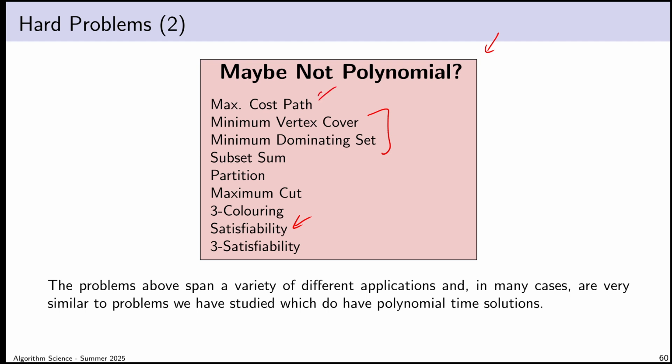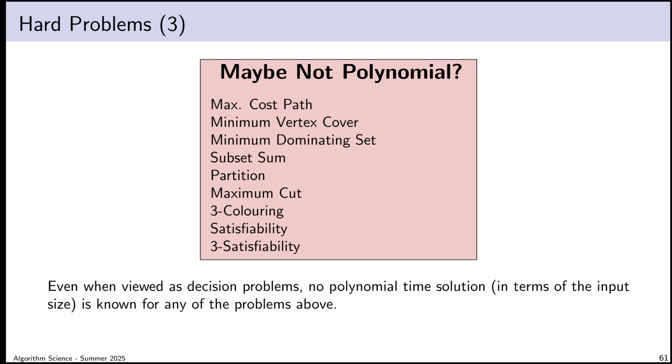We have practical optimization problems like maximum cost path, although actually these two are also practical optimization problems in certain cases. And we've got these abstract problems involving balancing the scale. And all of these seem to have this infuriating property that nobody can find a polynomial time algorithm, but also that it doesn't appear as if anybody can prove that no such algorithm exists.